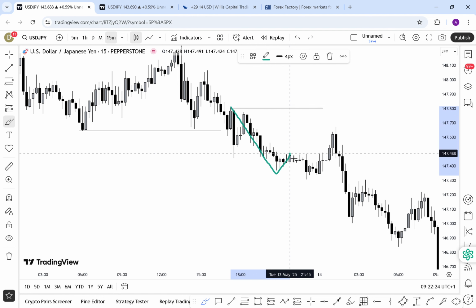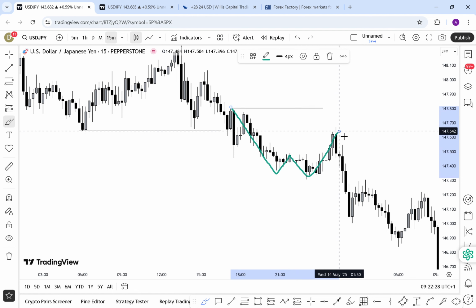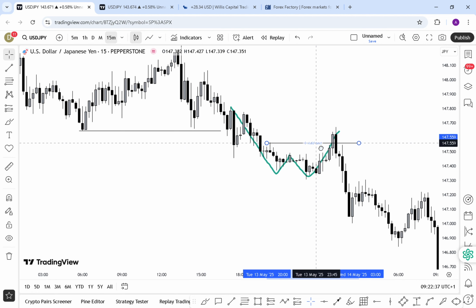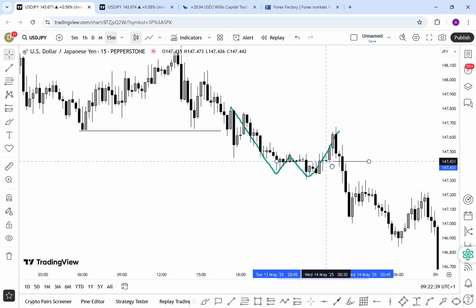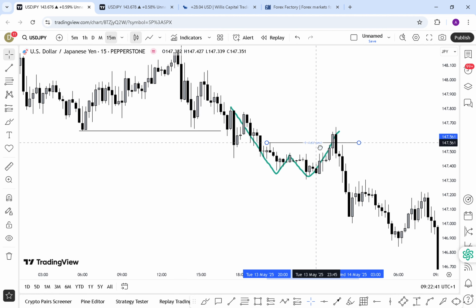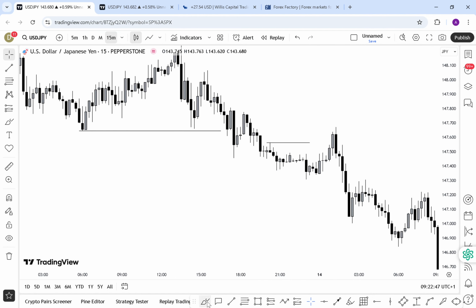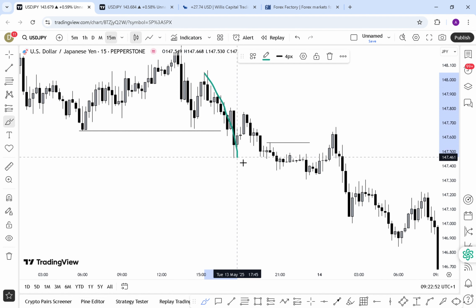So the market tried to do something like this, then dropped, then pulled back. For the fact that the market was unable to come here, it created another low somewhere here, like this. This is what the market did. It created another low somewhere here. So if you look at it closely, we have this one leg like this.